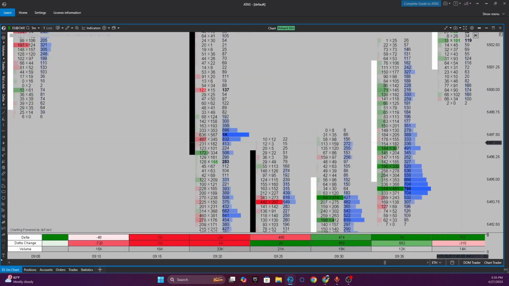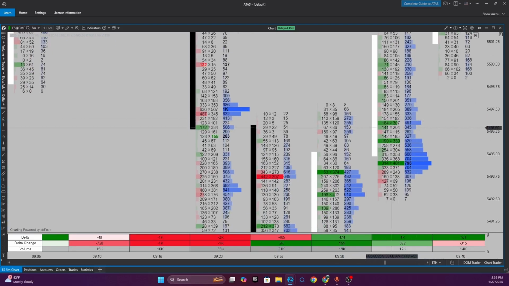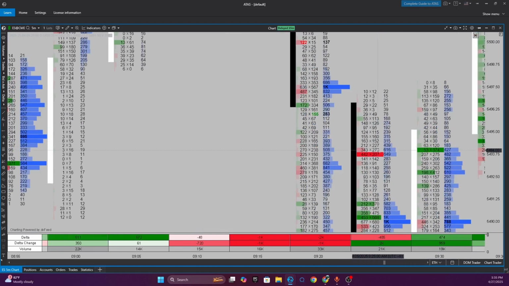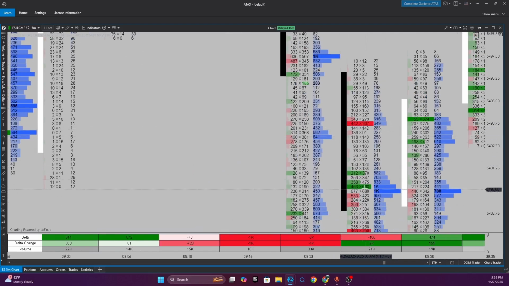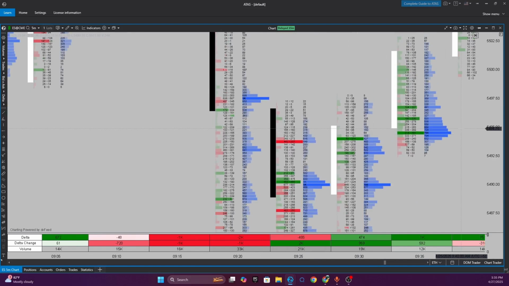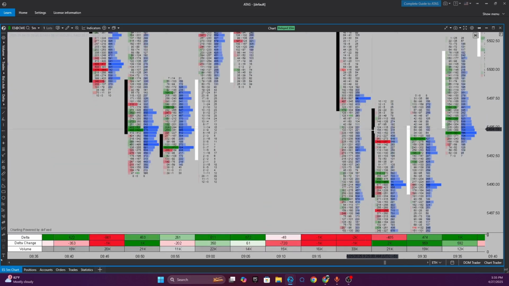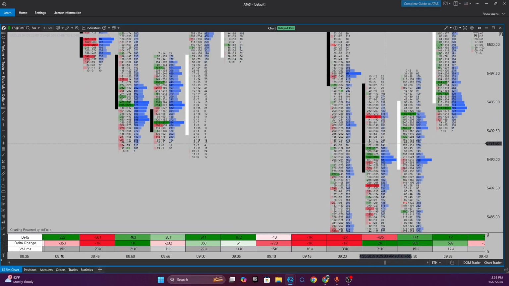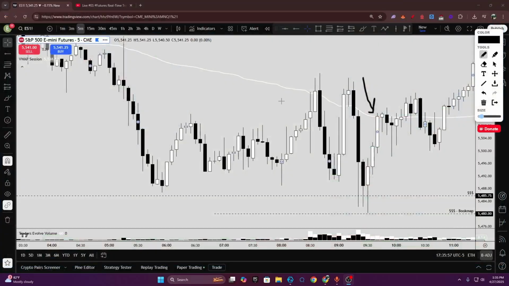We also get to see delta, and delta on my footprint is with these red or green bars at the left hand side next to this candle. By understanding the distribution of aggressive sellers and buyers on the market, you get to understand where buyers or sellers are coming in with more strength and where they're getting absorbed within the market. And by using that, you can spot reversals, and we'll get into how as well.